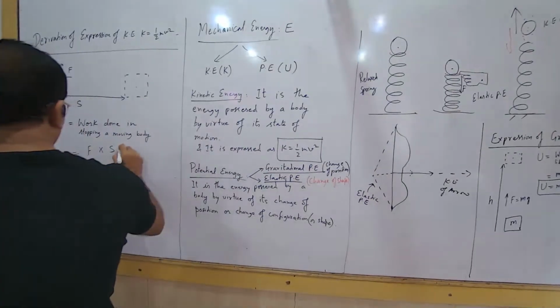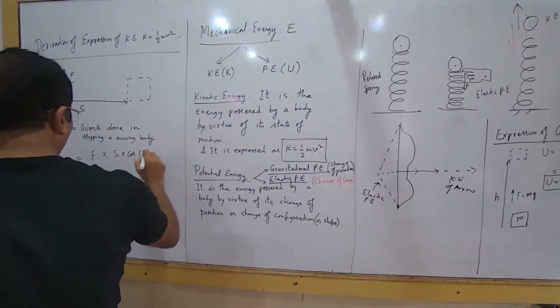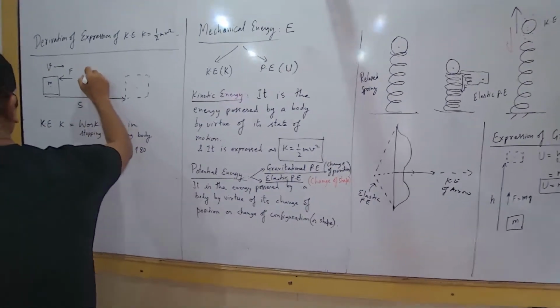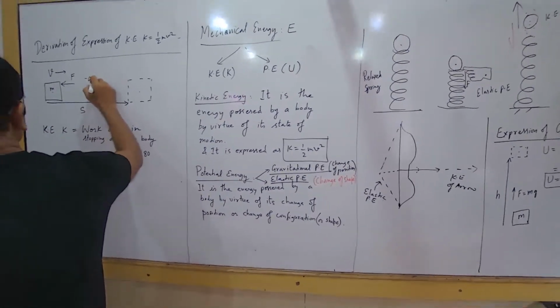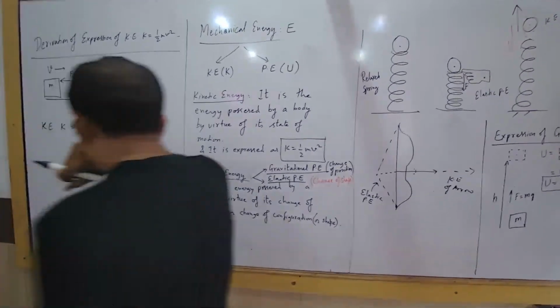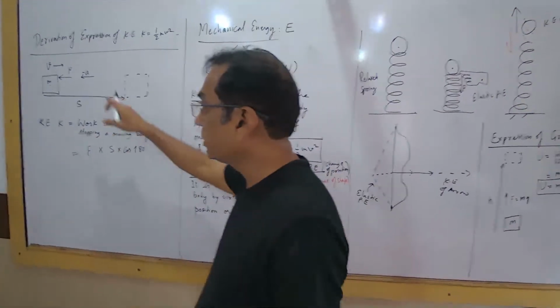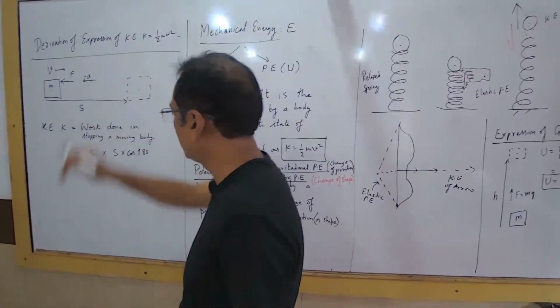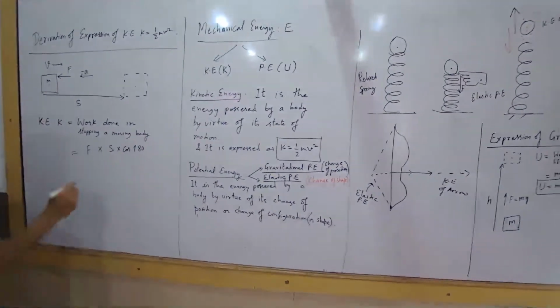So it will be cos 180. This force is in the opposite direction, so it is causing retardation. Got it? Because displacement is left to right, force is right to left. So what is cos 180?